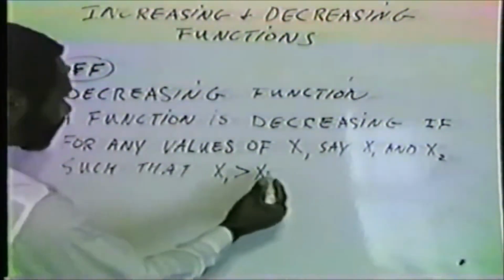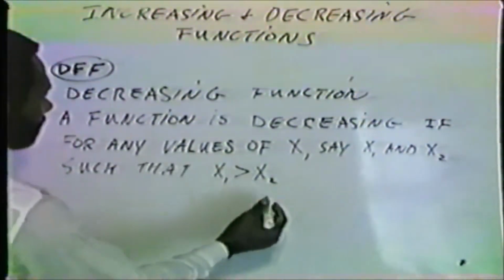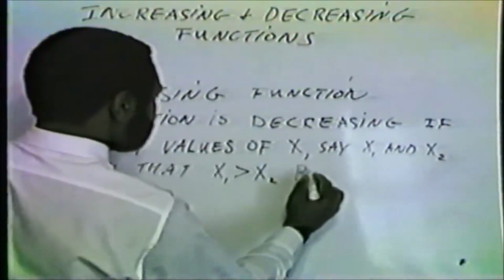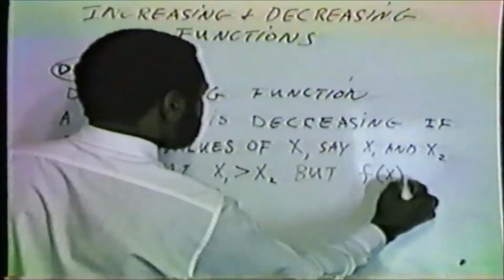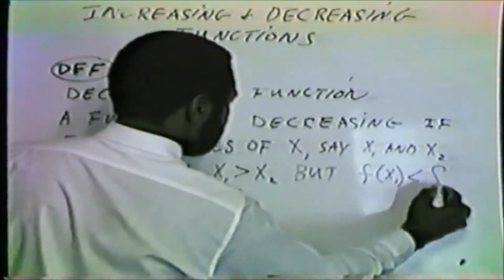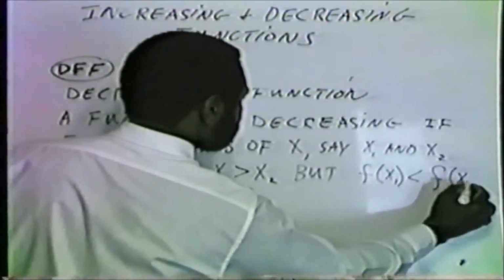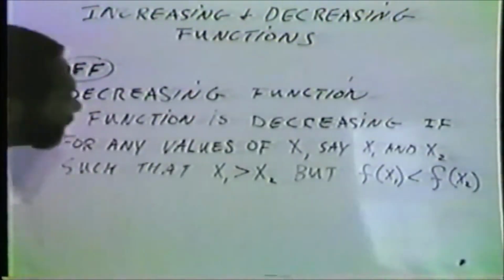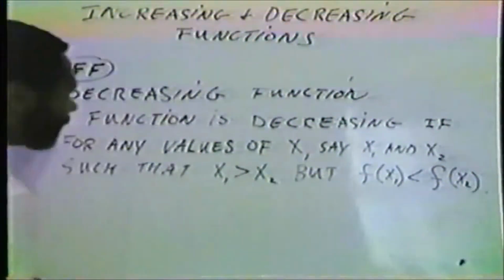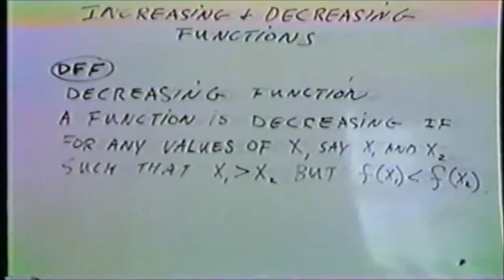We have x of 1 is greater than x of 2, but f of x of 1 is less than f of x of 2. This is the definition for a decreasing function. This is the algebraic definition of a decreasing function.